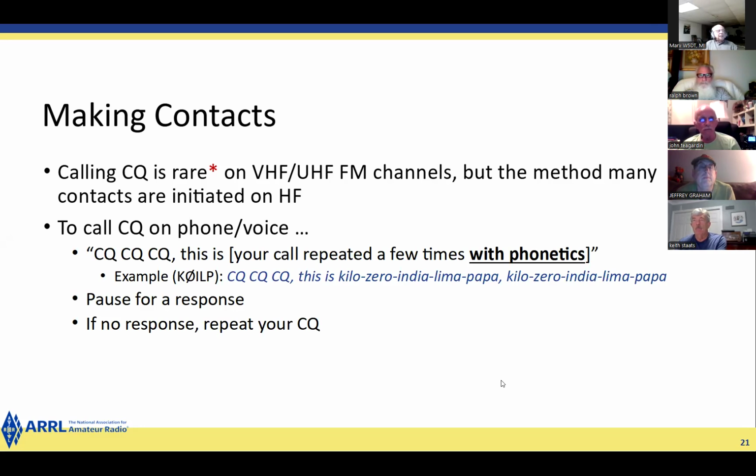So you're calling CQ, CQ, CQ, and then you use your call a few times with phonetics. In other words, I would say CQ, CQ, CQ. This is Whiskey 5 Delta Tango, Whiskey 5 Delta Tango, W5 Delta Tango, or W5DT, W5DT. You pause for a response and then repeat it if you don't get an answer.